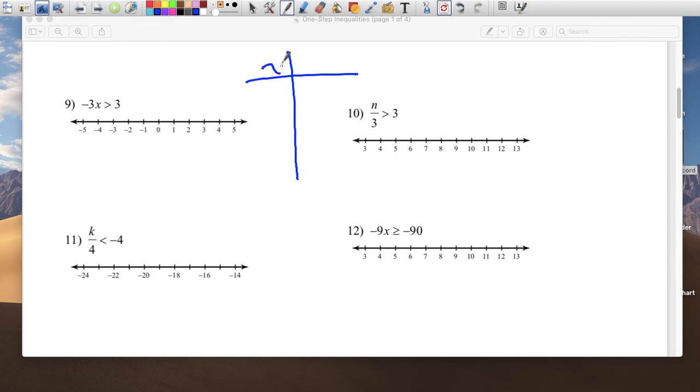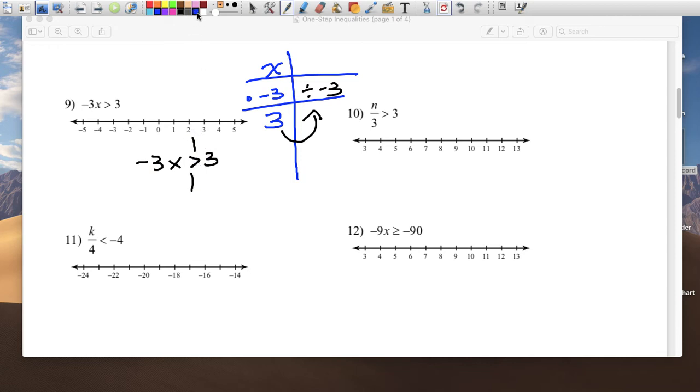We have a variable x, which is being multiplied by -3, and that gives us 3. Going backwards, we're going to do the opposite of multiplication, which is divide by -3. Alright, so let's get to it. Let me copy that problem over here: -3x is greater than 3.